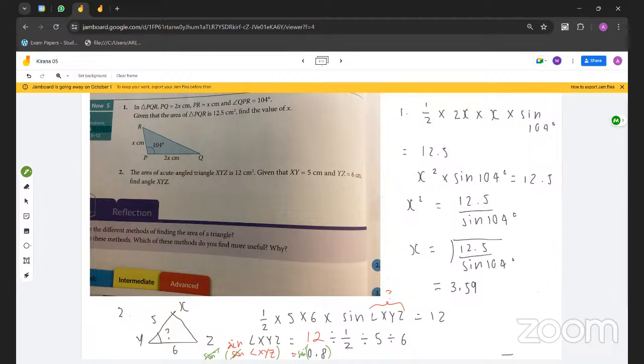Yes, that's why you learn the inverse. That's the only reason. Go ahead. Got the answer. And voila, you can check the answer key.